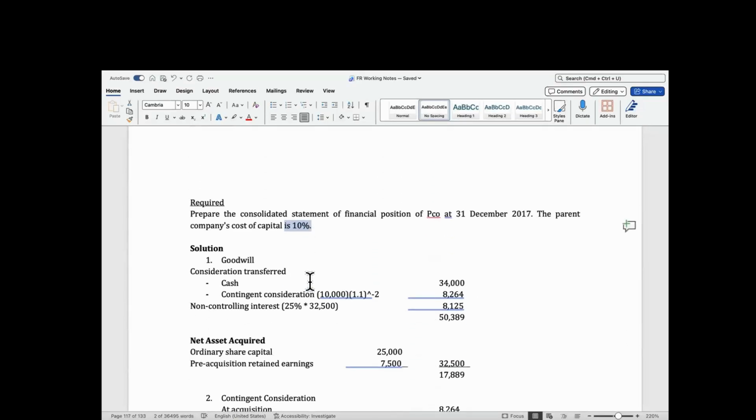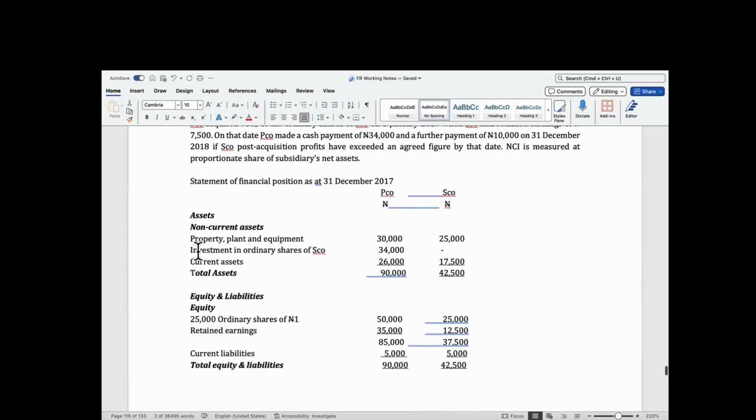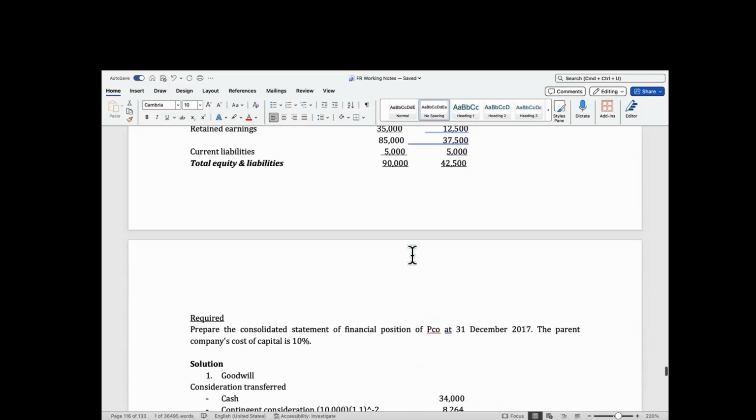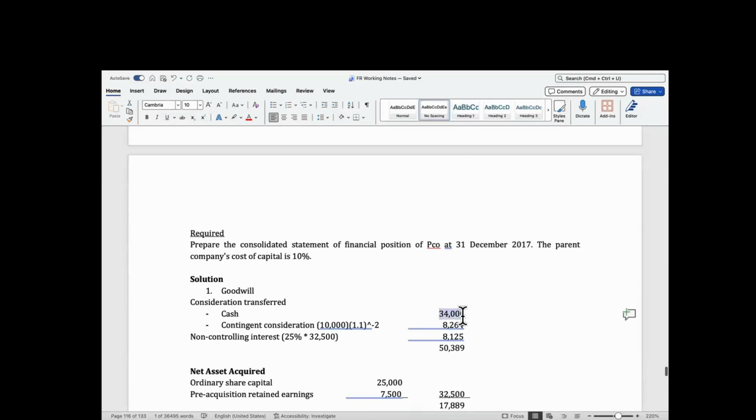So for my cancellation, this 34,000 in the books, they have already recognized this 34,000, which is the one he paid in cash, plus the contingent, which is 10,000 times 1 plus 1 raised to power minus 2.